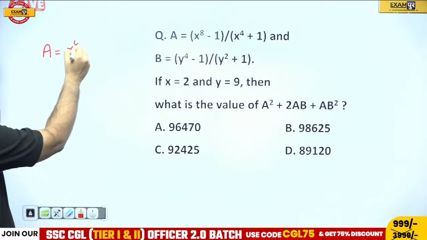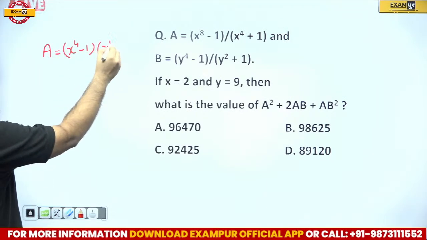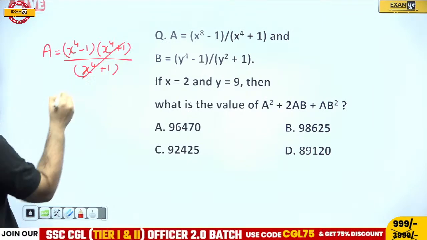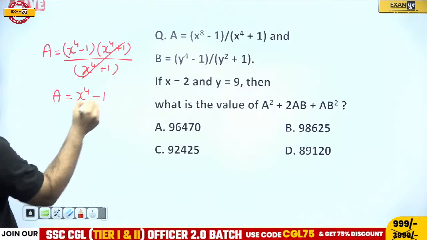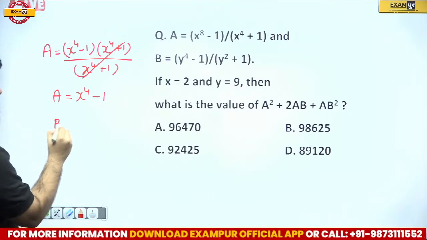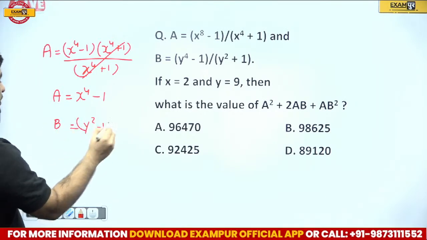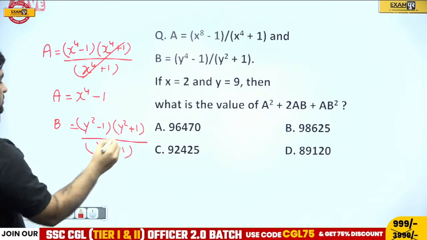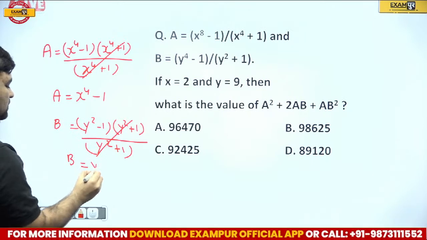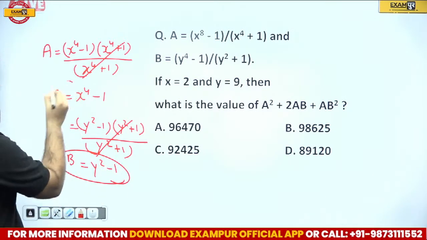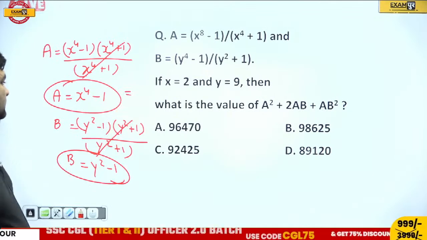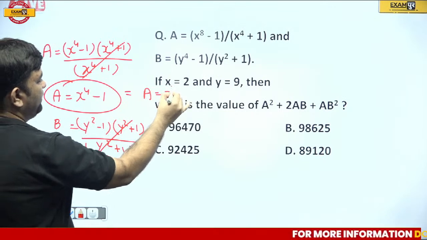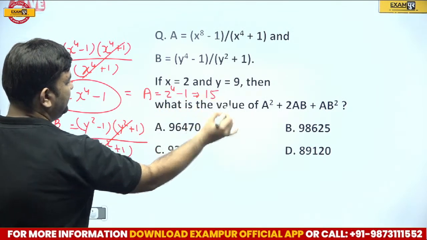It has 2 factors: x to the power 4 minus 1 upon x to the power 4 plus 1; y square minus 1, y square plus 1. X is 2, so A is 2 to the power 4 minus 1, 16 minus 1, 15.